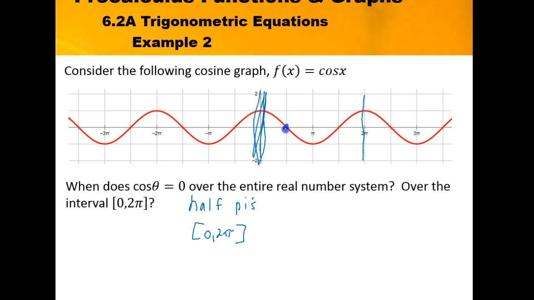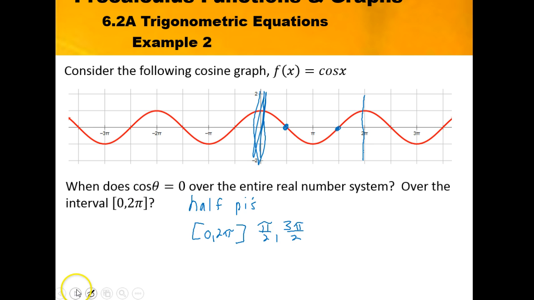So since this is pi, this must be pi over 2, and this must be 3 pi over 2. So my two answers for just over the interval 0 to 2 pi are pi over 2 and 3 pi over 2. So nice job.